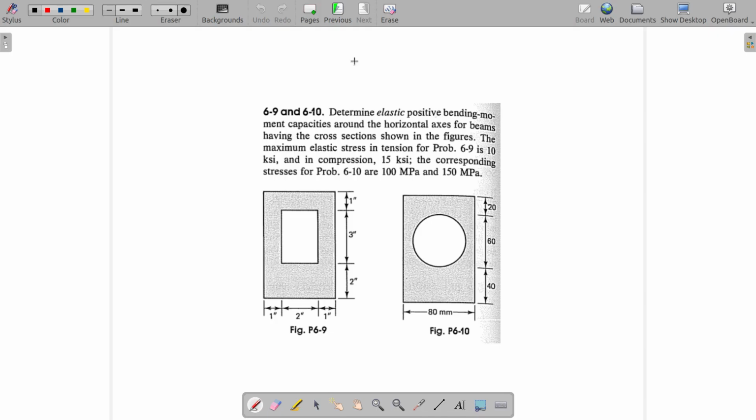So this is the problem we have here, and just like the previous problem, we will probably need our simple equation, which is sigma by y is equal to M by I, and we are being asked to calculate the bending moment capacities. So it's just the value of bending moment you need to calculate. So M is equal to sigma I divided by y.